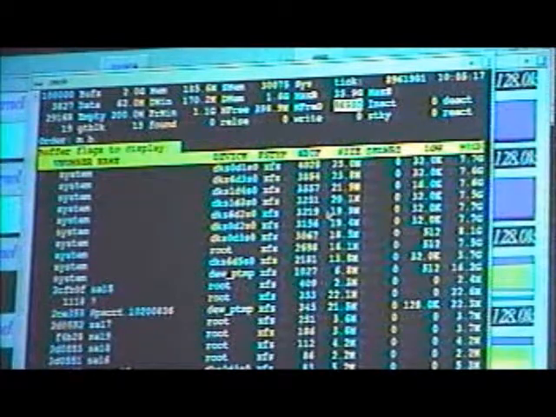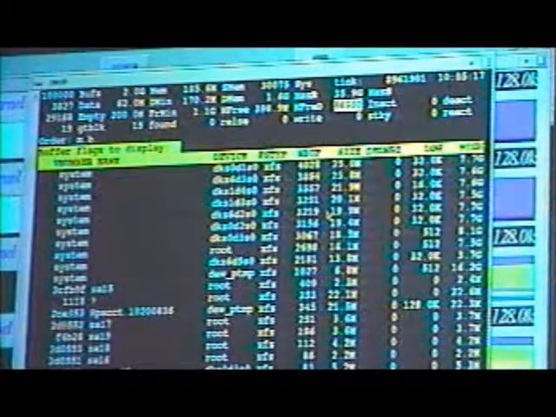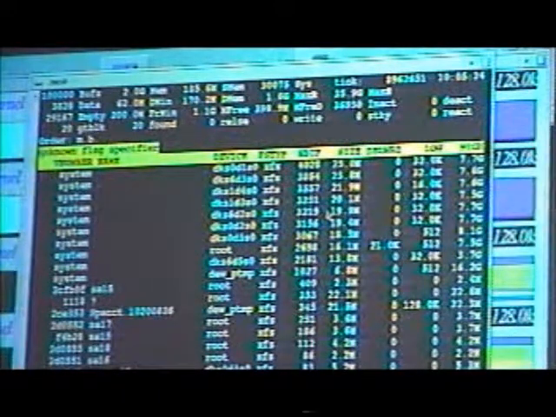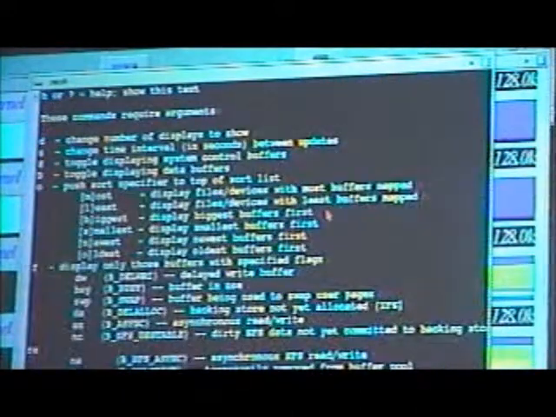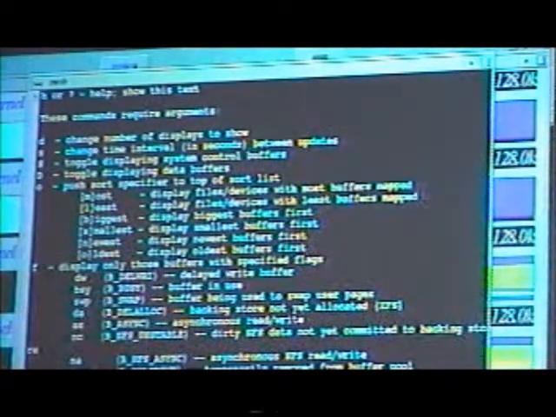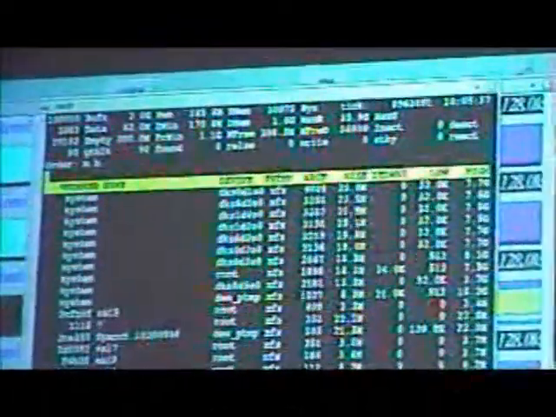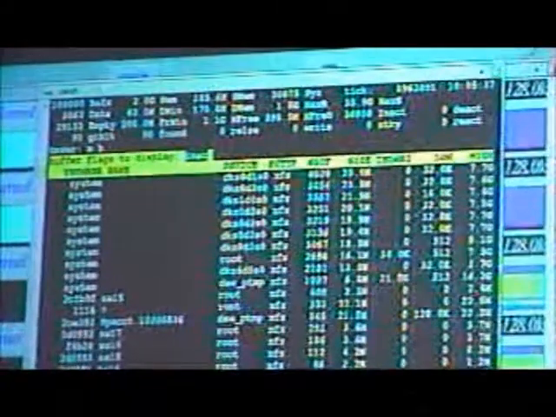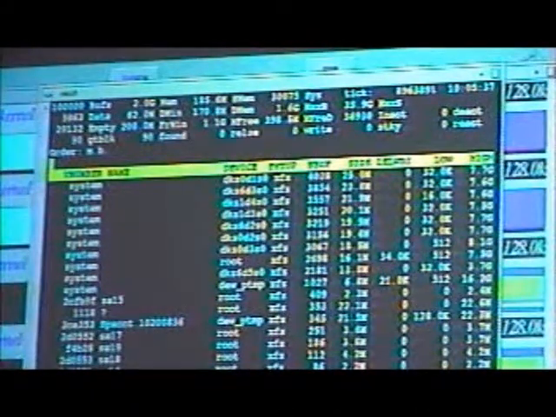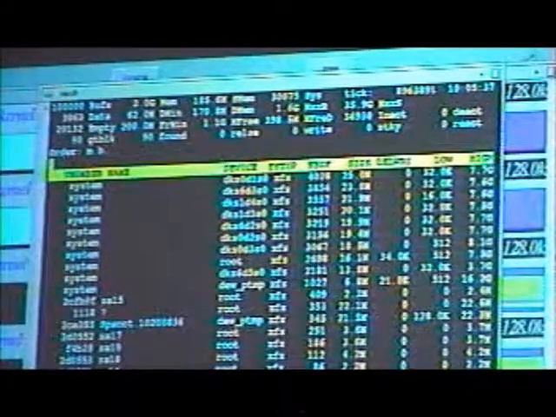Do an F, and it's INA. Find out. Unknown flag. INACT. Now they won't have names to them.